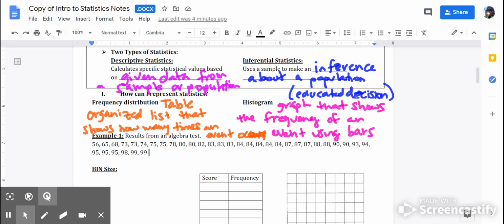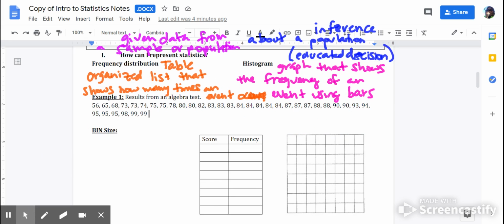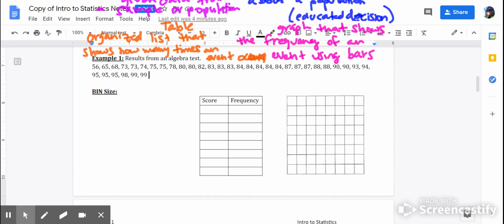So if we look at example 1, we have results from an algebra test. And we have all these scores that were on an algebra test. Well, before I can create the histogram or the frequency distribution, I have to determine my bin size. So I'm going to make a bin size of 5, meaning there'll be 5 numbers when I calculate the scores.